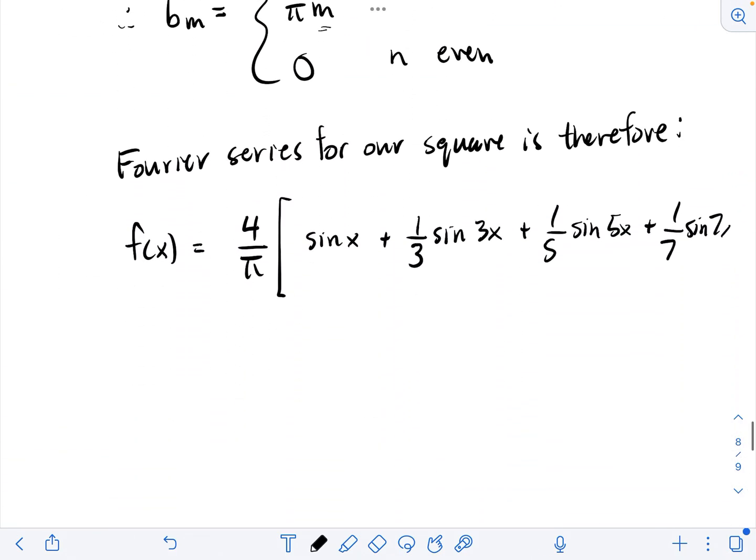And so that is the result of the Fourier series of a square wave.